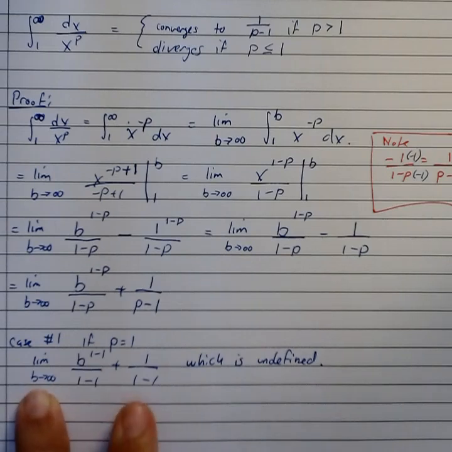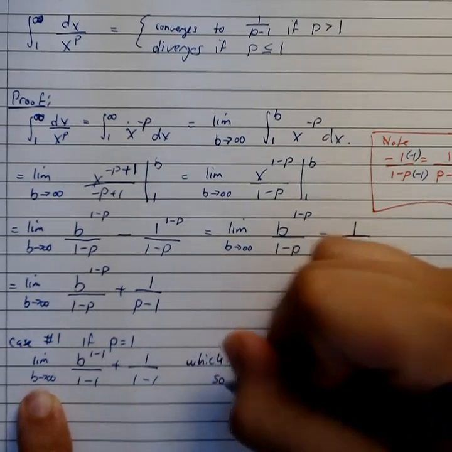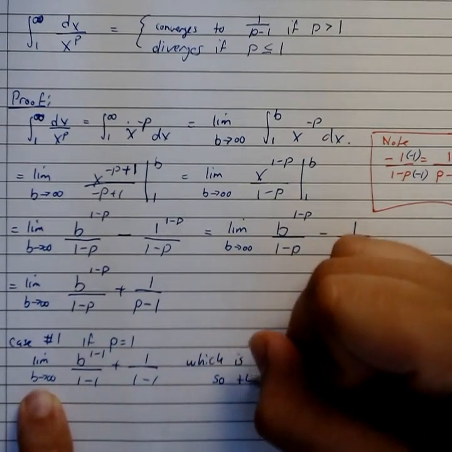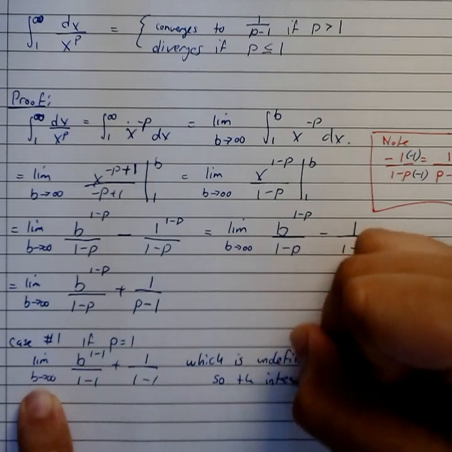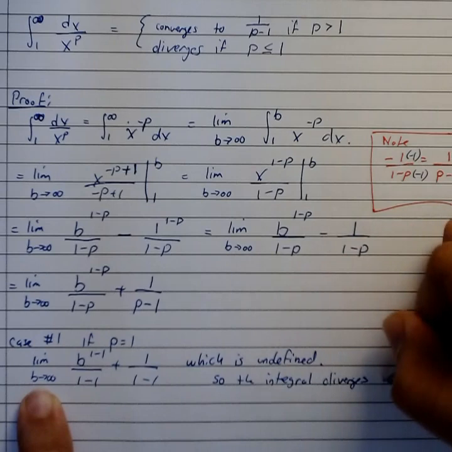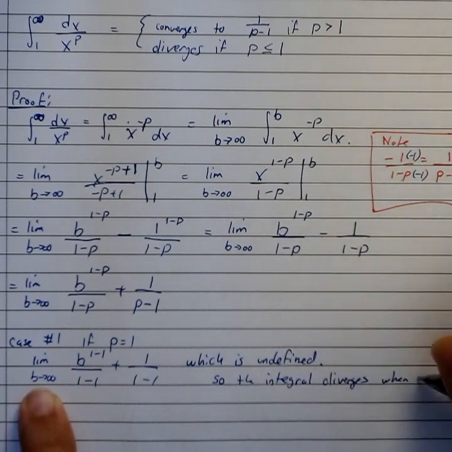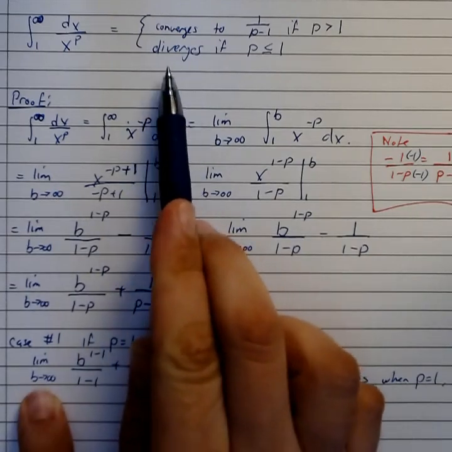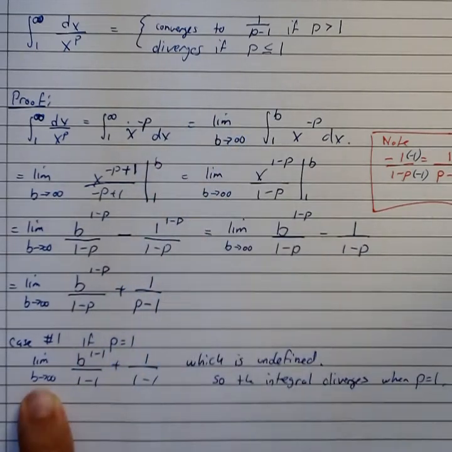So p cannot equal 1. If p equals 1, it'll diverge. So the integral diverges when p equals 1. That's part of our theorem here.